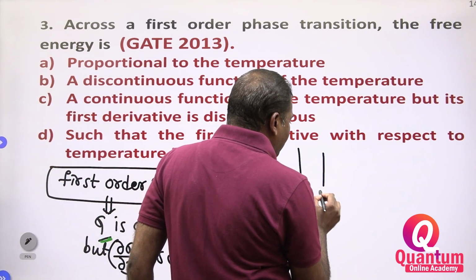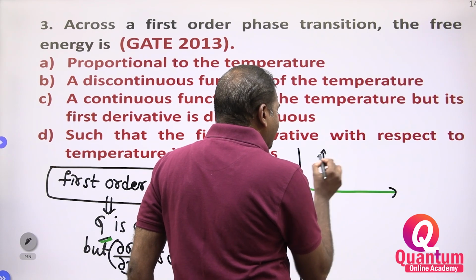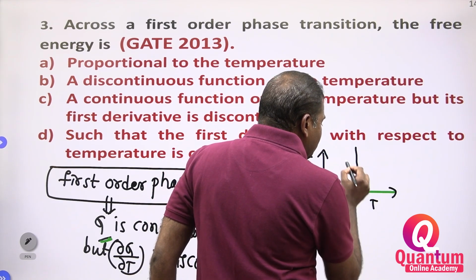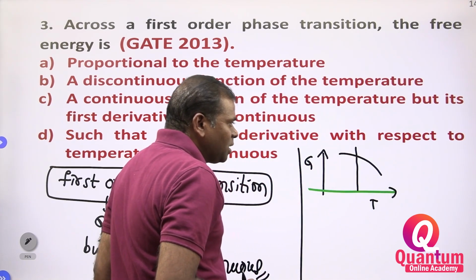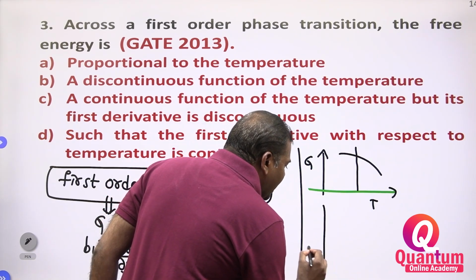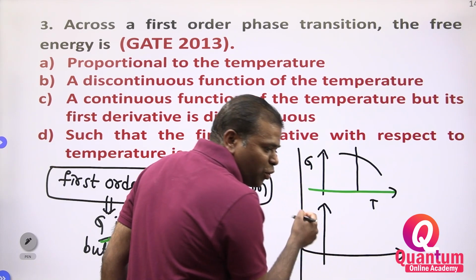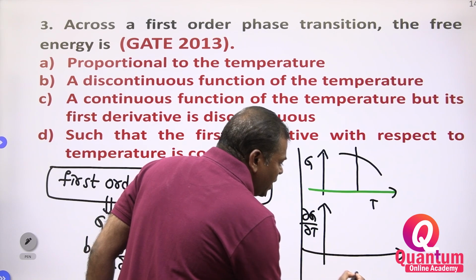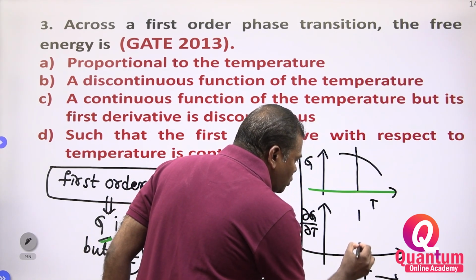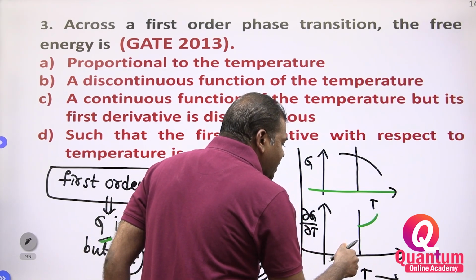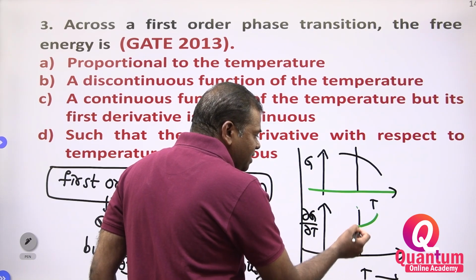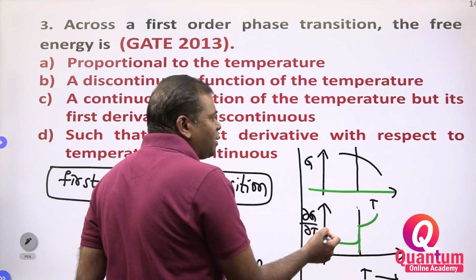Once you see the graphs: first take the graph of Gibbs function versus temperature. This graph will come like this, right? If you take the first derivative, ∂G/∂T versus temperature, there is a discontinuity. Here there is a discontinuity.